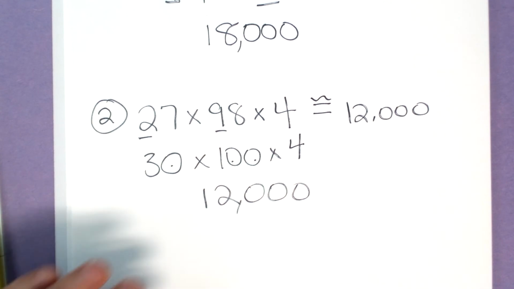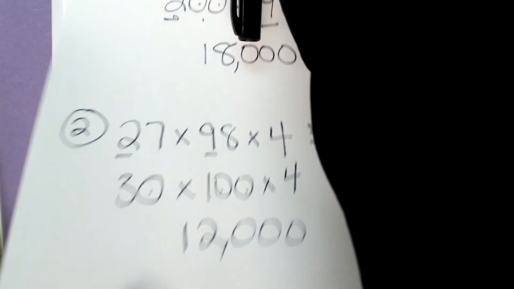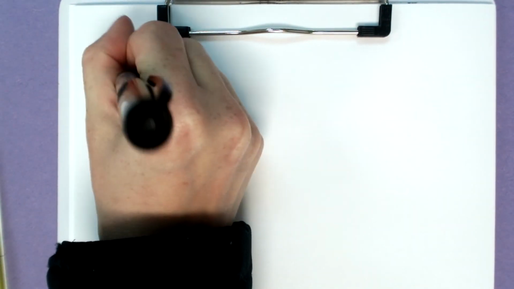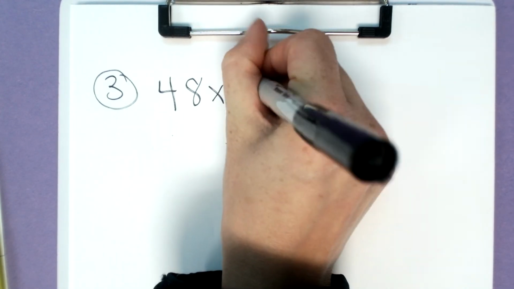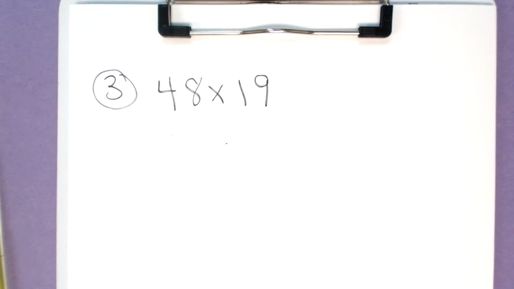All right, so let's go on to the next one. Number 3. If I had 48 times 19, what could I estimate that to?